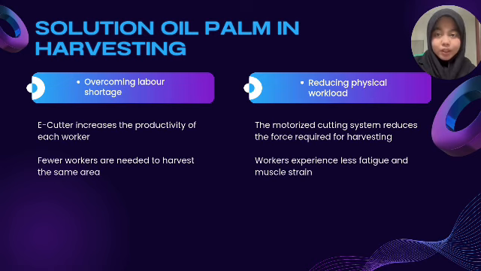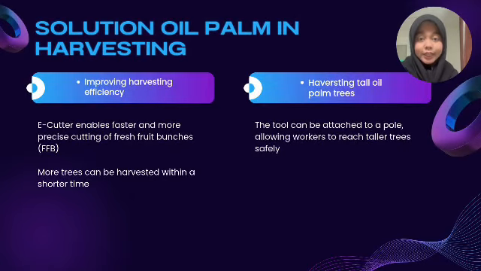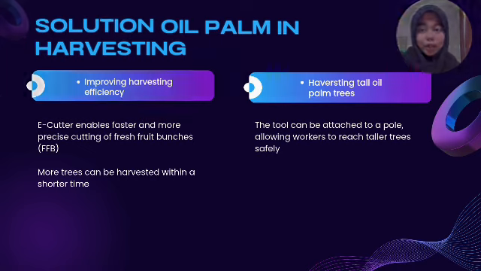Workers experience less fatigue and less strain. Third, improve harvesting efficiency. The e-cutter is faster and more trees can be harvested within a shorter time. Fourth, harvesting tall oil palm trees. The workers can be safer when harvesting the tall trees.